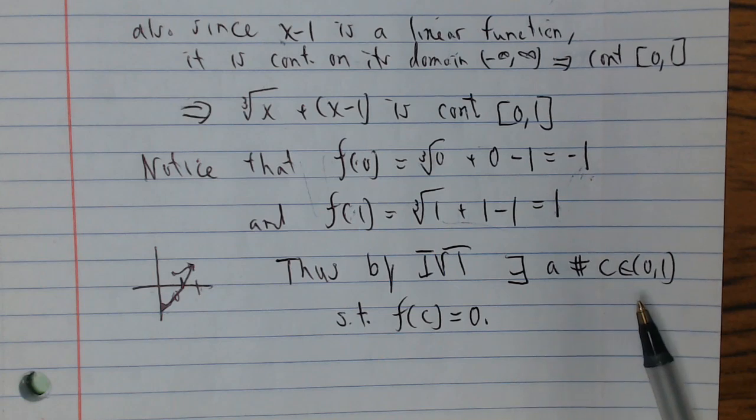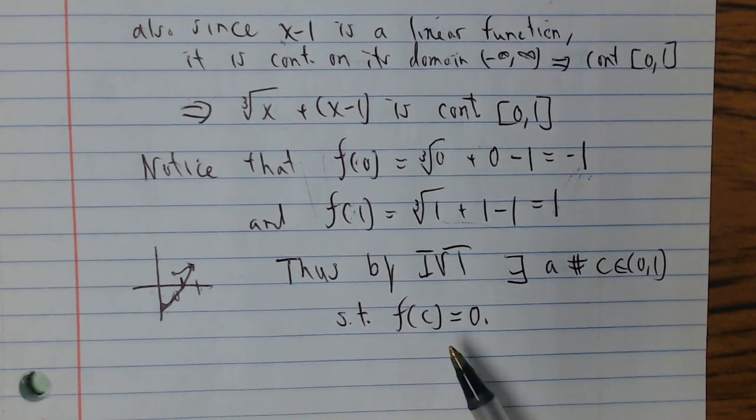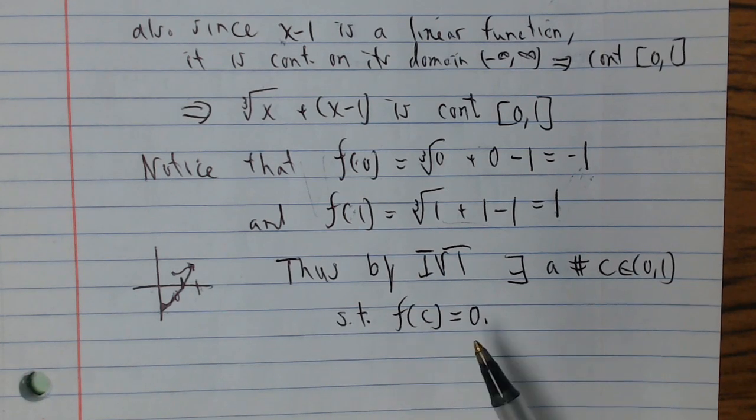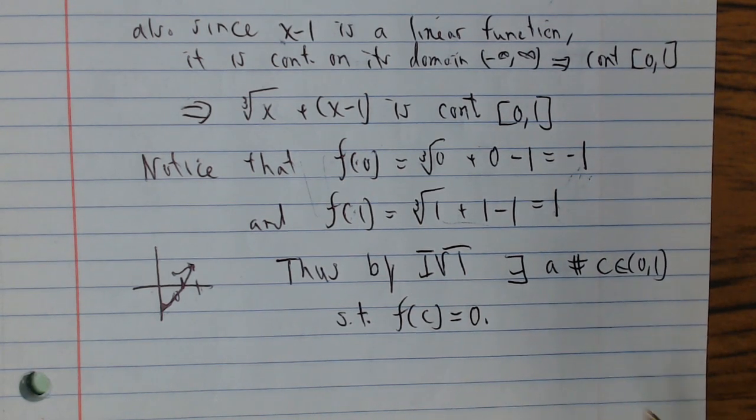All we did is show that somewhere between 0 and 1, there's an x value where when I plug it into my function, the y value will be 0. And that's basically what a root, or an x-intercept, is. So that pretty much takes care of what we did here.